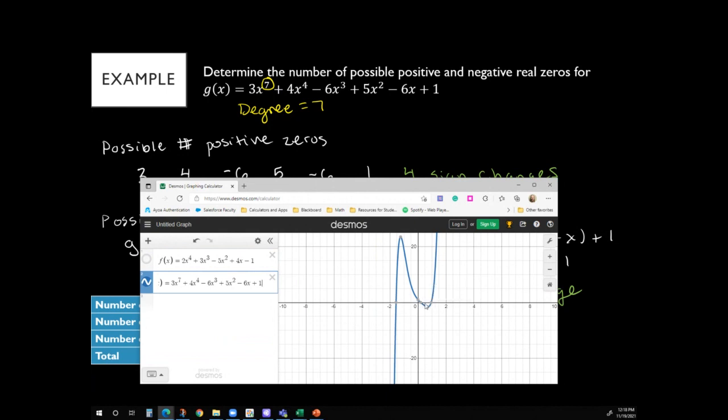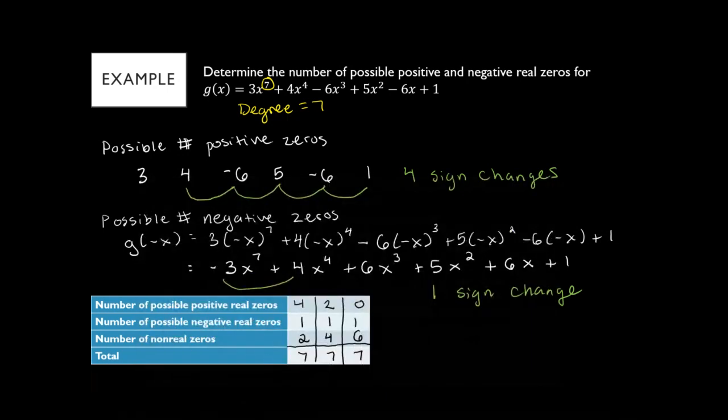And it looks like we've got 2 positive zeros right here. So out of these 3 choices, we are in the middle. We have 2 positive zeros, 1 negative zero, and that means there are 4 complex zeros if you were to try to factor this and solve.